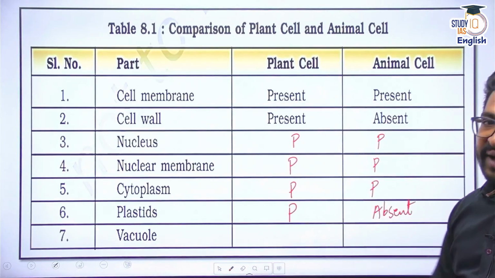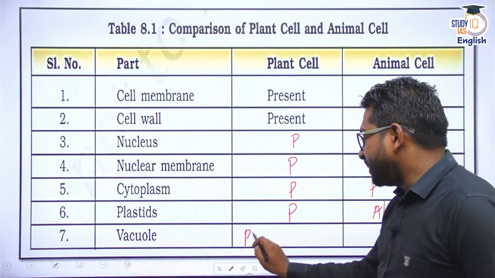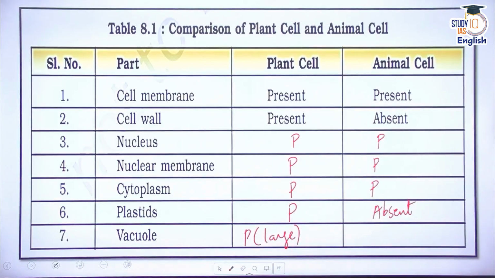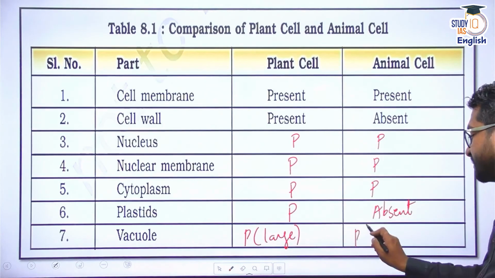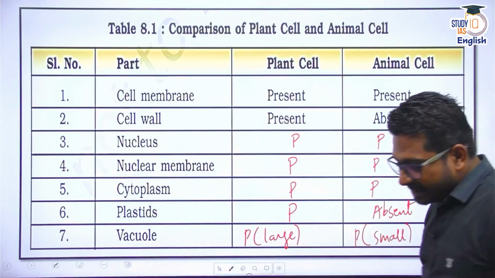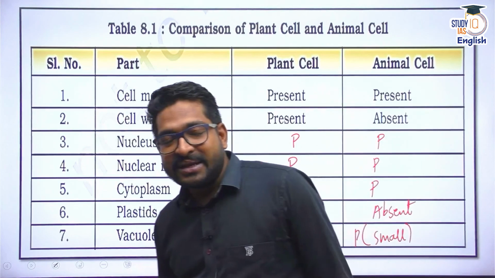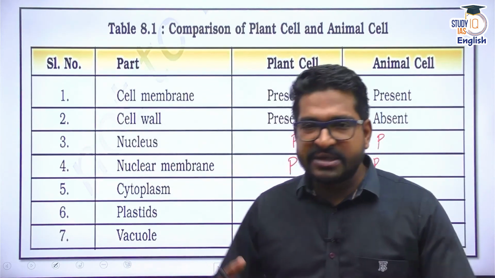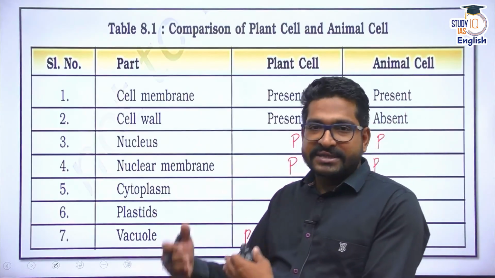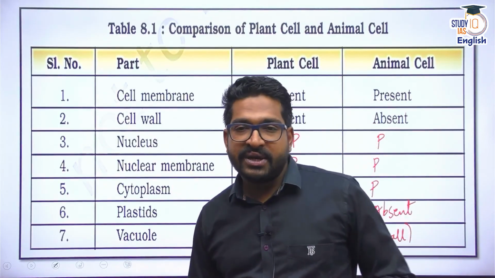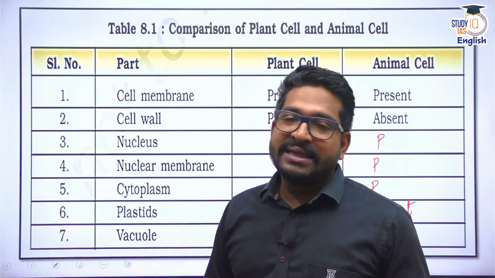Vacuole is present in both, but it is large in plant cells and small in animal cells. That's the basic understanding from the chapter on the cell, its structure and its functions. This is the basic knowledge. We'll be building on this knowledge again going forward in class 9, class 10 and in our subsequent discussions as well. That's it in this particular video.